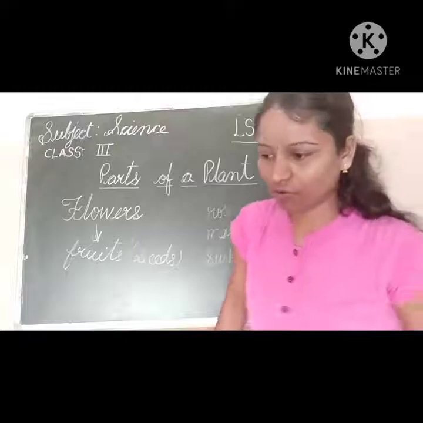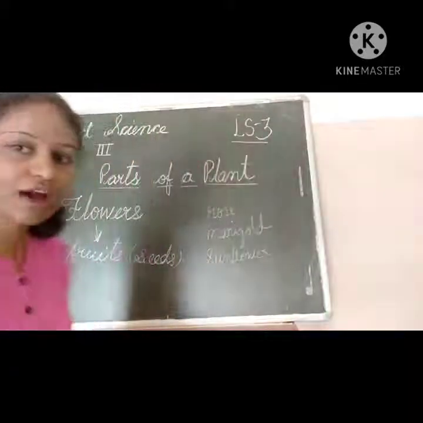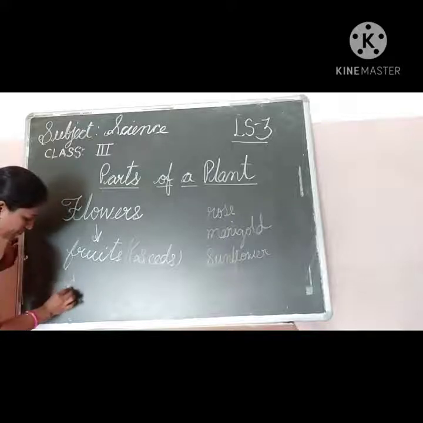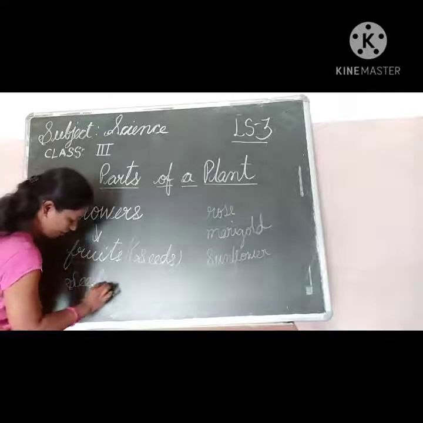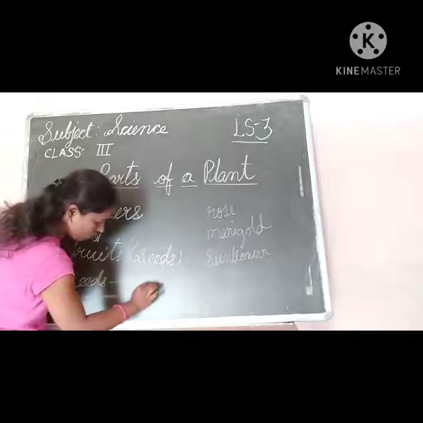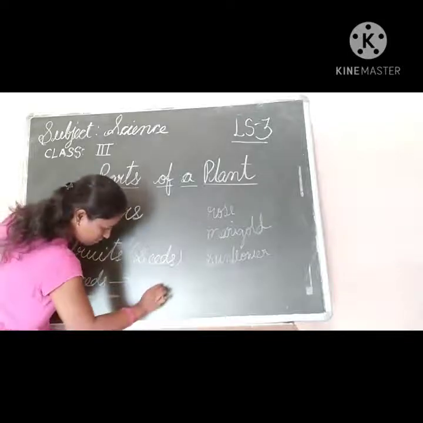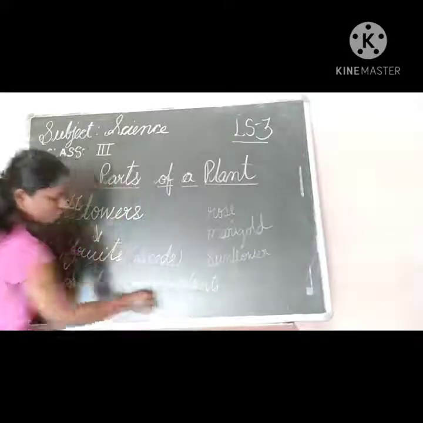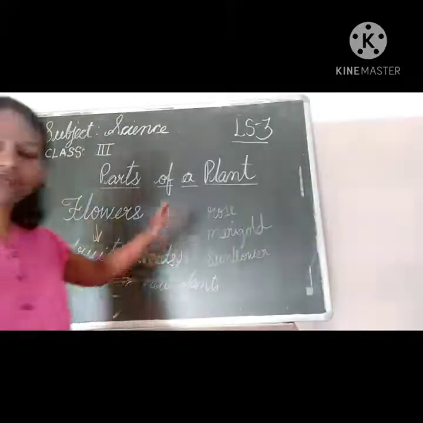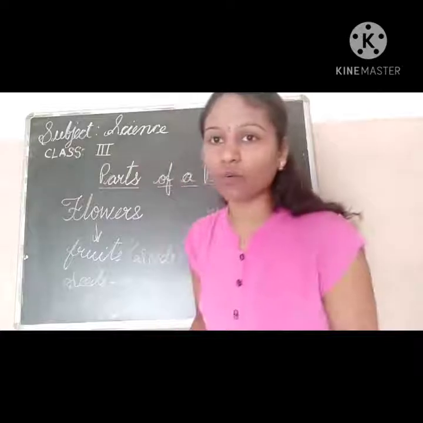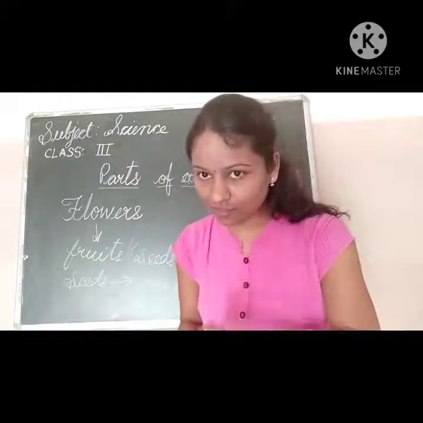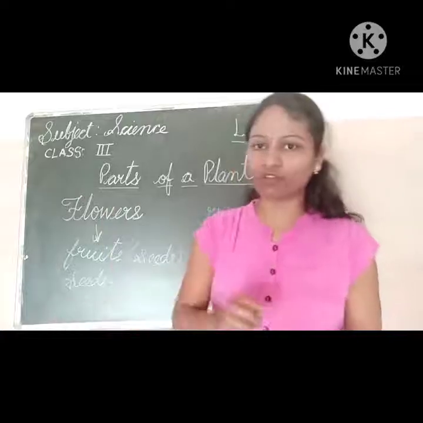Now we are going to seeds. Seeds give rise to new plants. How are seeds converted into new plants? We sow the seeds in the ground and pour water for them.